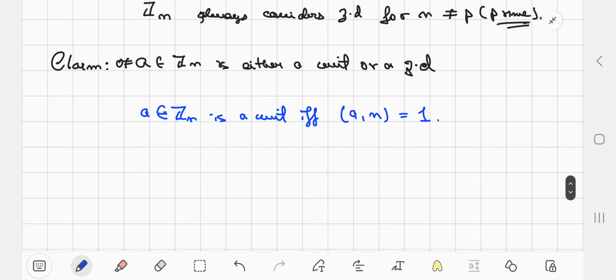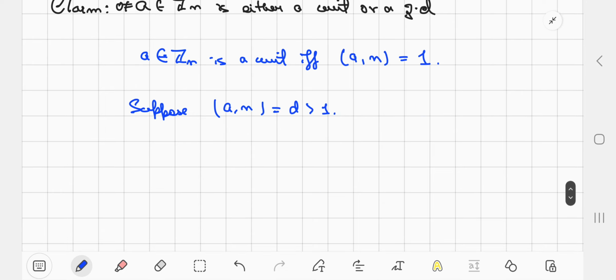So suppose the GCD is not 1, suppose they are not coprime, suppose a and n admit the GCD D which is greater than 1. Then let B be n by D. Now since D is greater than 1, B must be less than n and it is obviously greater than 0 as well.